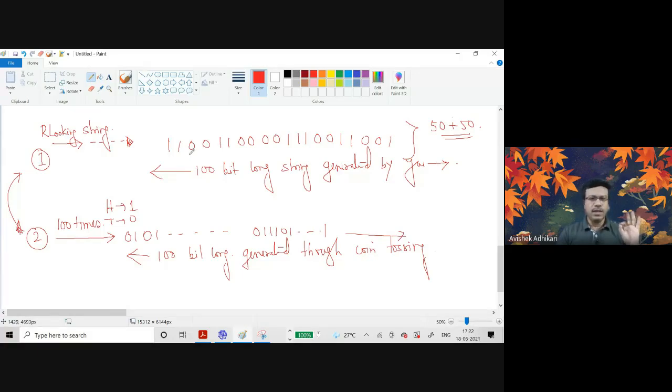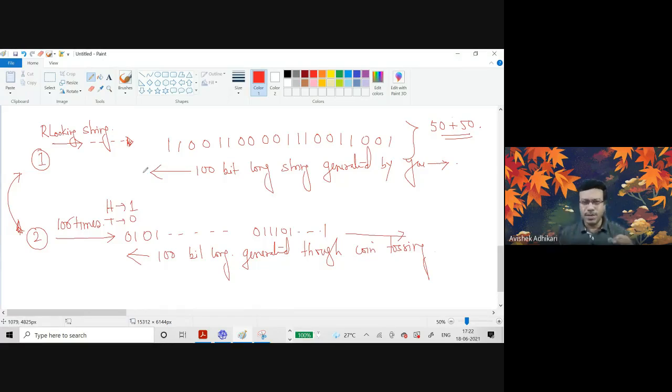It will be my task to tell you, just by looking at some information or pattern inside these, that almost with certainty I will be able to tell which sequence is made by 100 coin tosses, and which sequence you made on your own without doing any experiment.